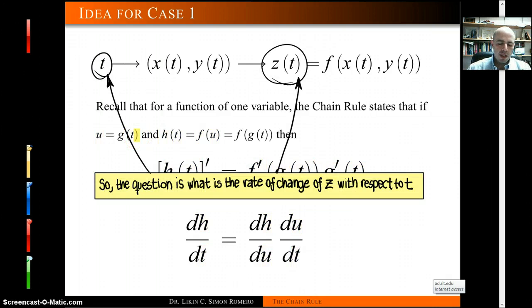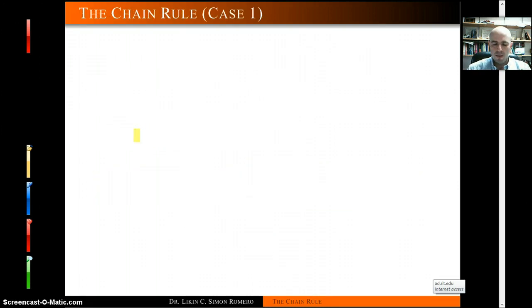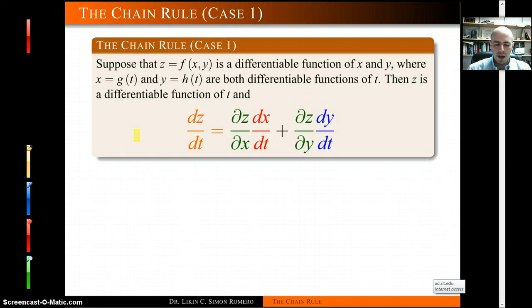Well, so the question is, what is the rate of change in our case of c with respect to t? So here comes the idea of the chain rule. How much c depends on t is given by two things: the change due to the change in x and the change due to the change in y.